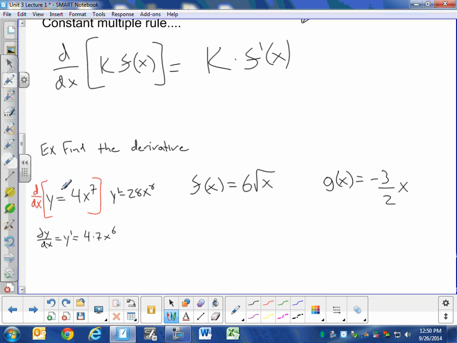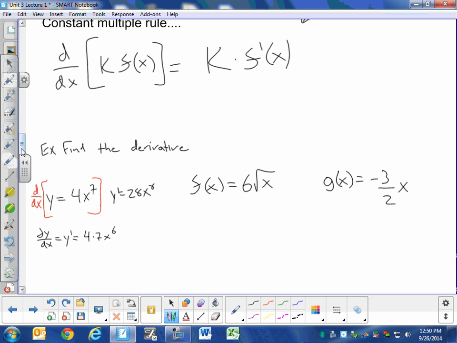Remember, bring the exponent down first, and then subtract 1. Multiply the 6 by 1/2 before you subtract 1. But you didn't multiply the 1/2 by the 6.